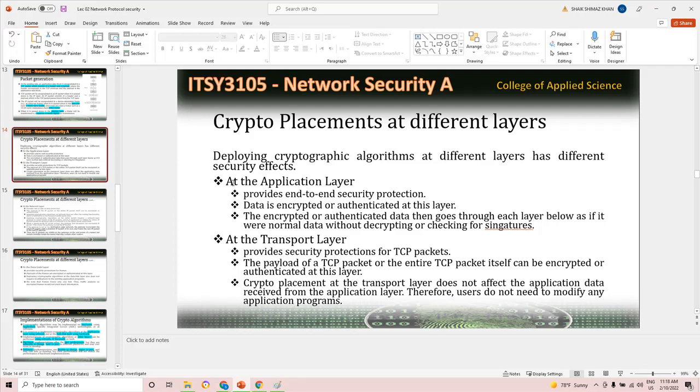Suppose you do it at the application layer, what happens?